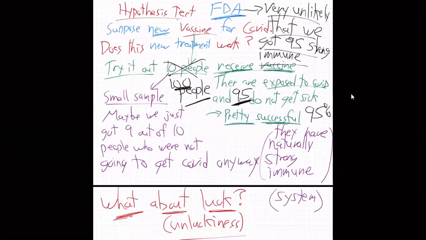You can read all that scribbling up there. It's very unlikely that we got 95 strong immune people. Super unlikely, which means it's very likely that the vaccine really did its job and really is working, right?